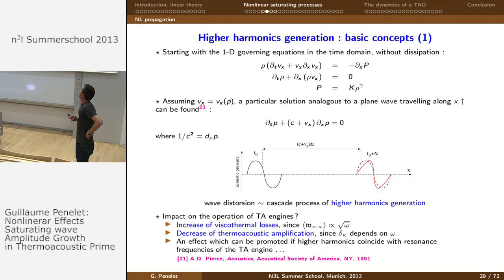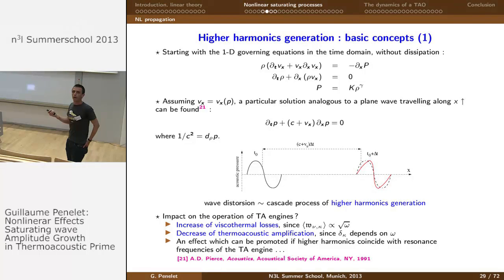If we want to evidence this effect, a simple way is to start with the one-dimensional equation of acoustics without dissipation, but without linearization as well. And so this is this equation. Here we have the momentum equation, the continuity equation, and an equation that tells that we have an adiabatic process.